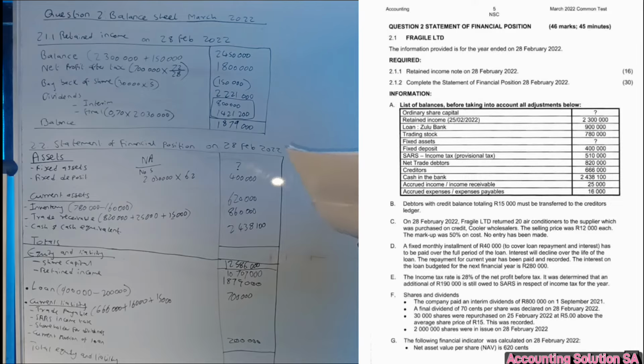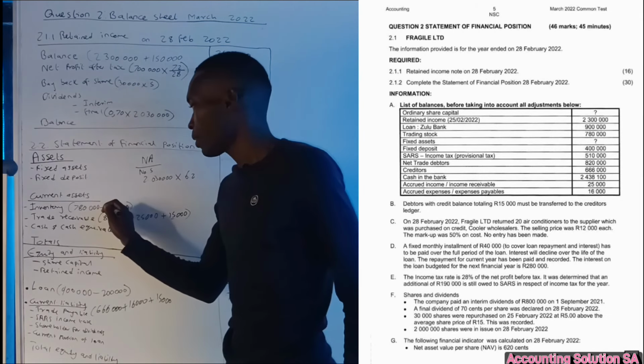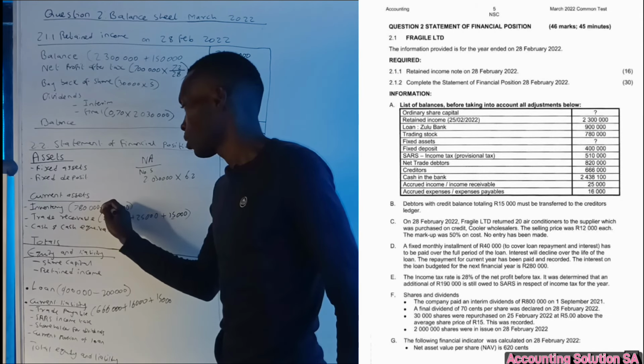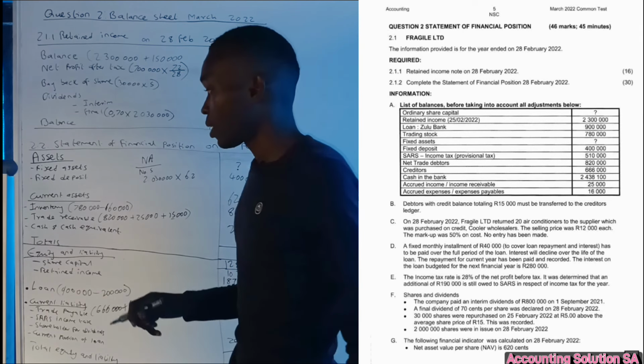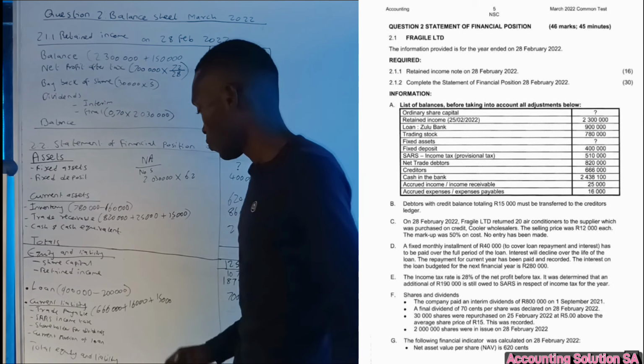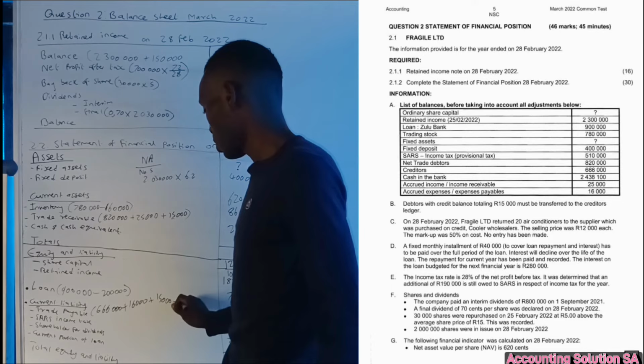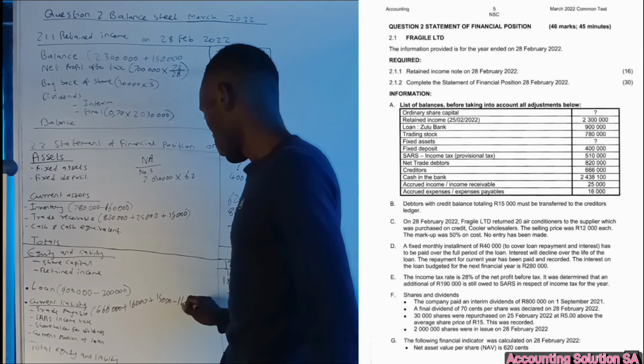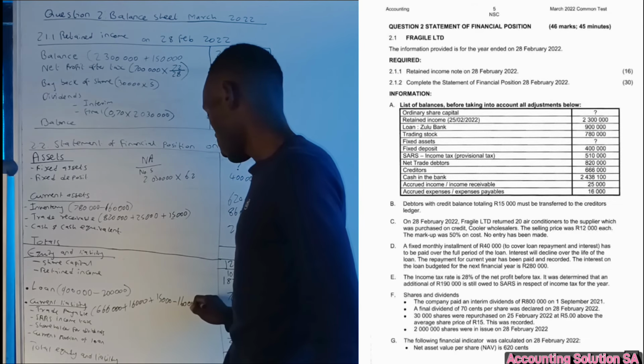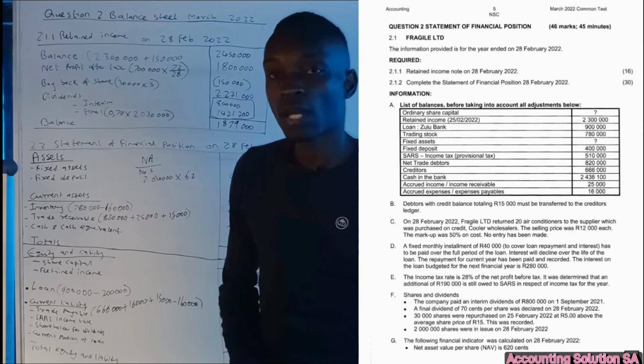Then after that, we have to check an amount of, okay, remember we return goods. Do you still remember the goods that we return to supplier, which means that we no longer owe those people? We have to subtract that 160,000, and we remove it under liability.